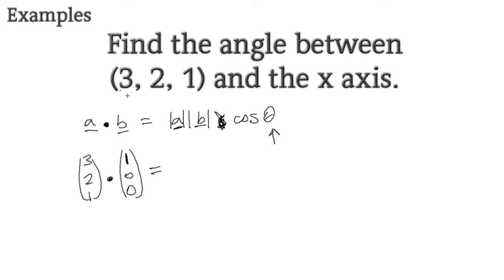And we want to find mod a. Mod a is the square root of 9 plus 4 plus 1, which is 14, root 14, cosine of theta.